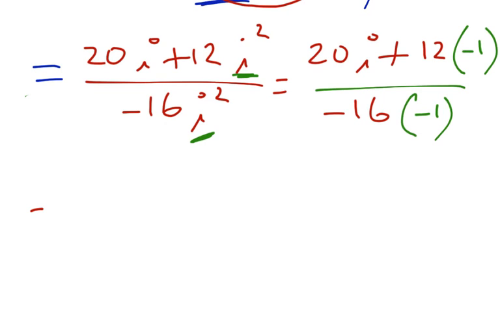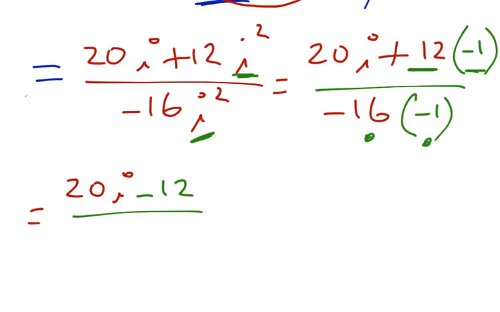So, keep going. I have 20i on the top and then I have that 12 times negative 1 is going to give me negative 12. On the bottom, I have negative 16 times negative 1, and that's equal to positive 16.